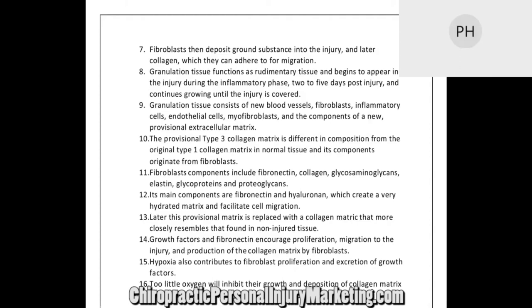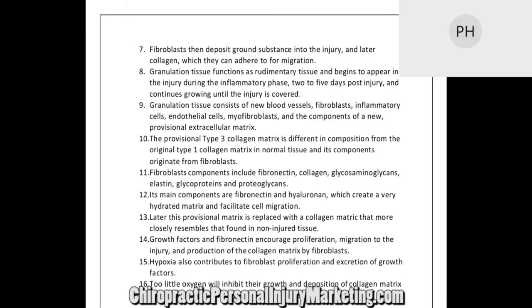Granulation tissue consists of new blood vessels, fibroblasts, inflammatory cells, endothelial cells, myofibroblasts, and the components of a new provisional extracellular matrix. The provisional type 3 collagen matrix is different in composition from the original type 1 collagen matrix in normal tissue, and its components originate from fibroblasts.